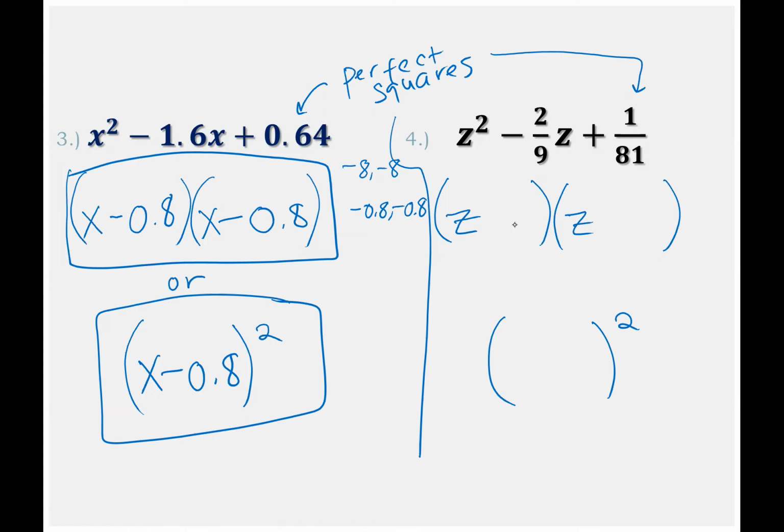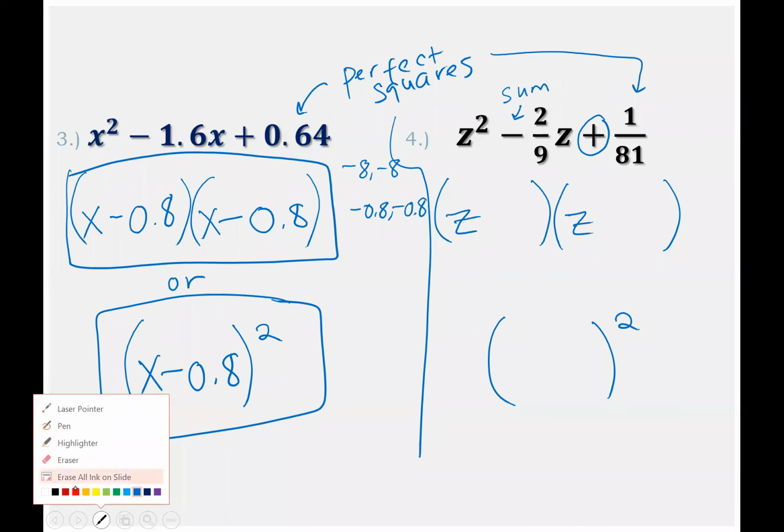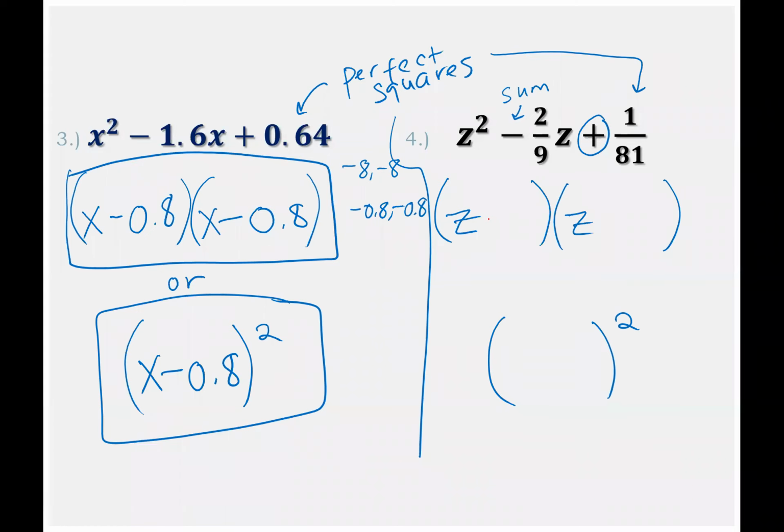In our next example, the same thing is happening. Our product is positive, but our sum is negative. How's that going to work? Well, if my product is positive, it's either a positive times a positive, or in this case, it has to be a negative times a negative.